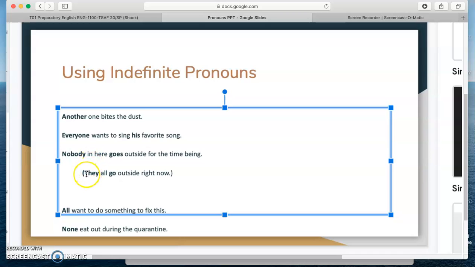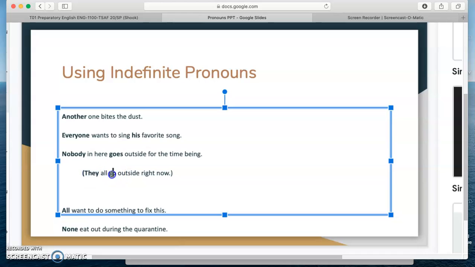But I want you to compare that with this follow-up sentence: they, which we know is a plural pronoun. They all go outside right now. See, in they, we are referring to all of these people in the group. There are multiple people. They could be 2, could be 20.